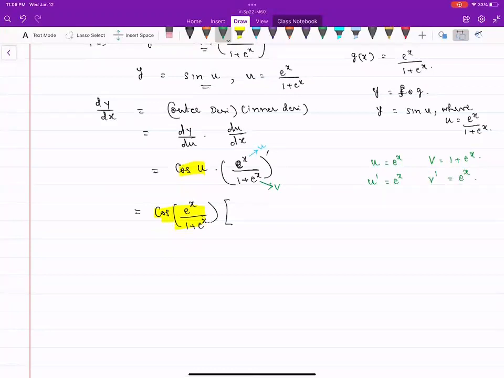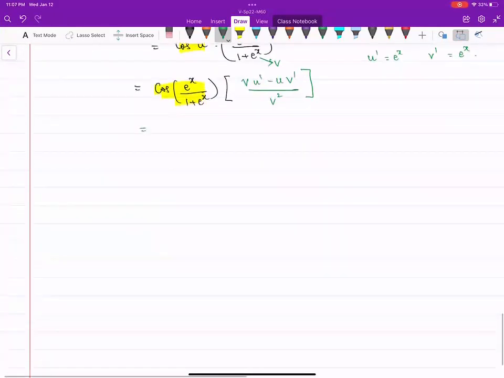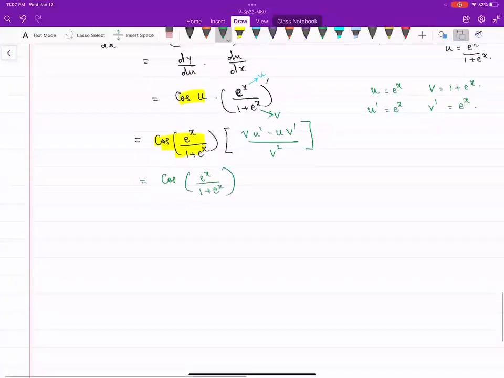Now apply the quotient rule: v u prime minus u v prime over v squared. So don't change the order in the numerator, because that will change the sign of your answer. So cosine of e to the x over 1 plus e to the x for the outer derivative.